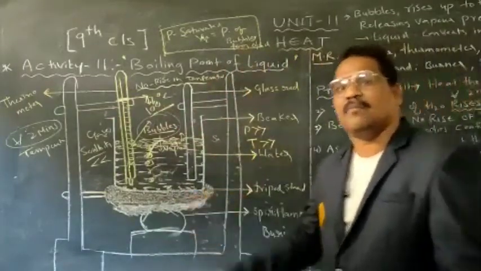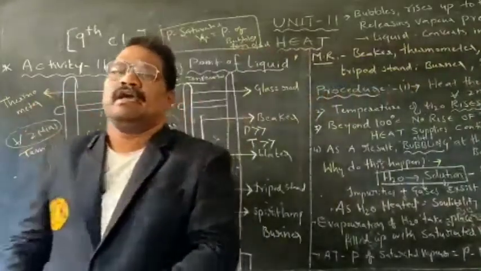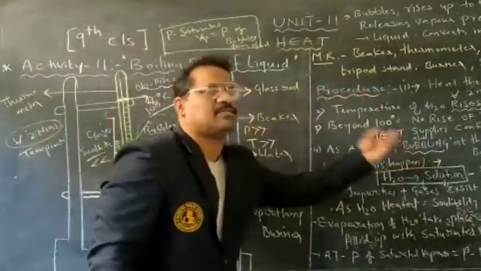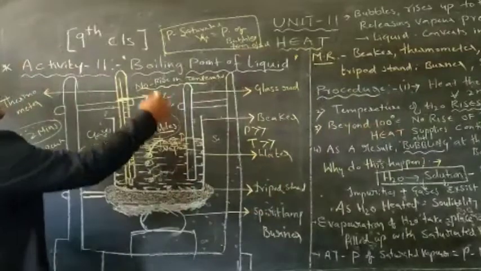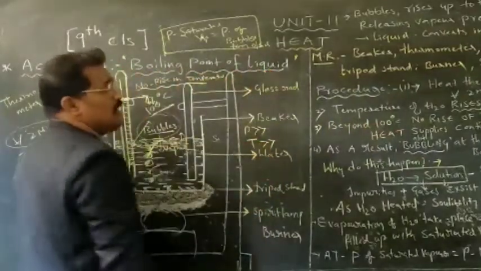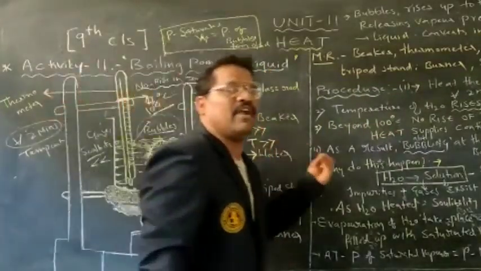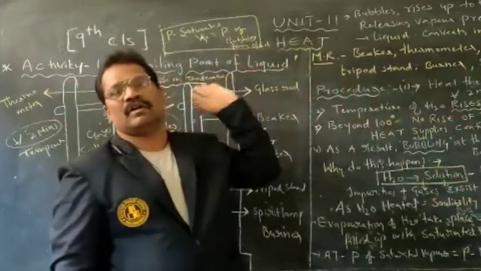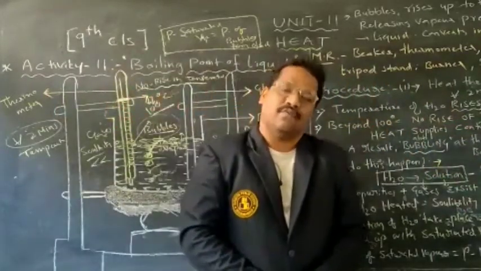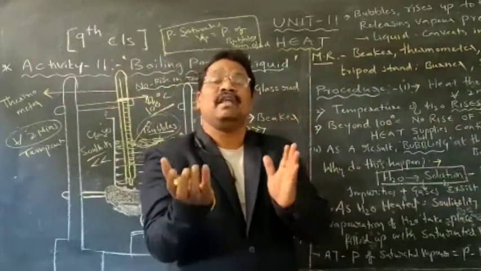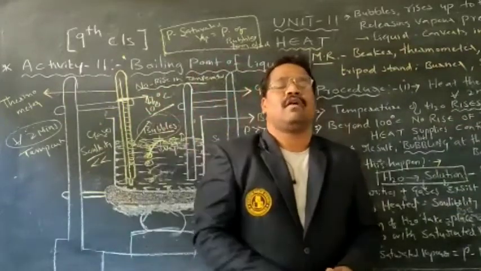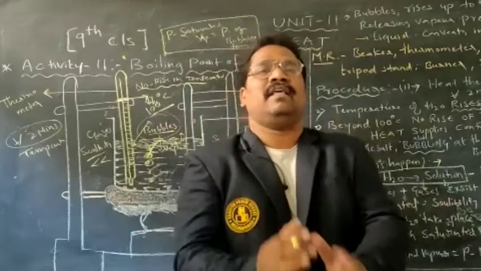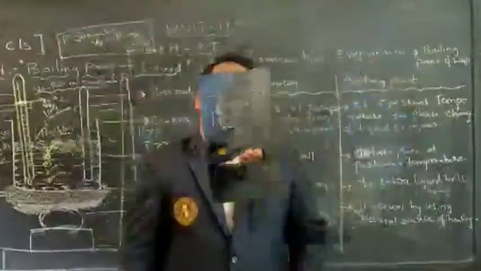This process or phenomenon of extracting vapor from a liquid is called boiling of the liquid. A phase change of liquid to gas, or liquid to vapor, is nothing but boiling of water or any liquid, we can call it. By this we have completed our activity.